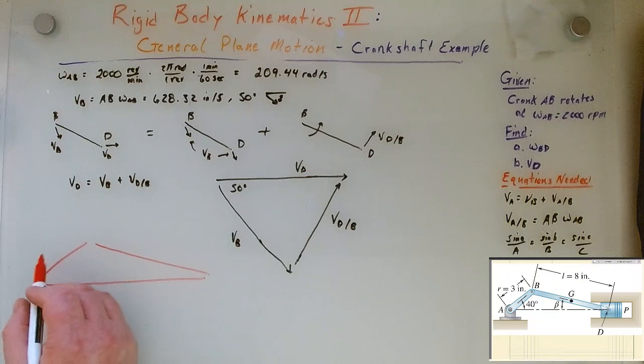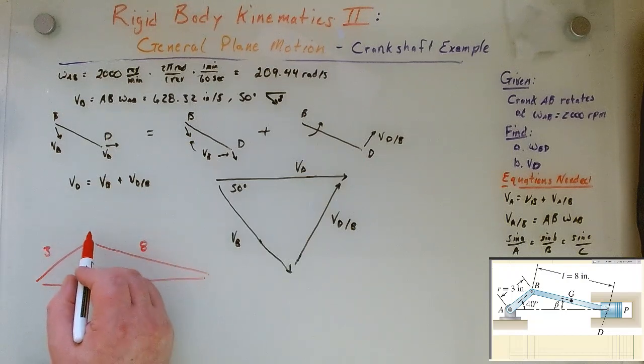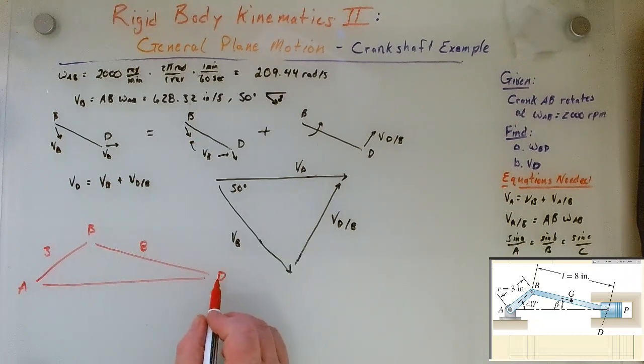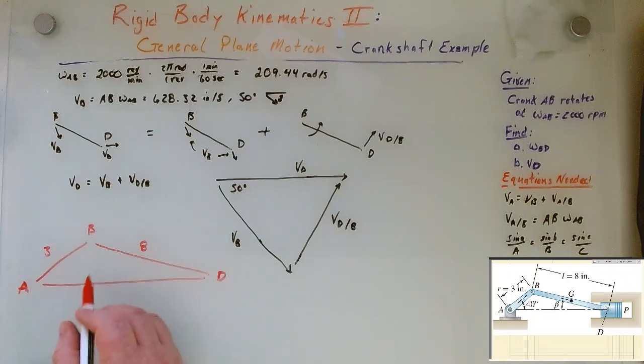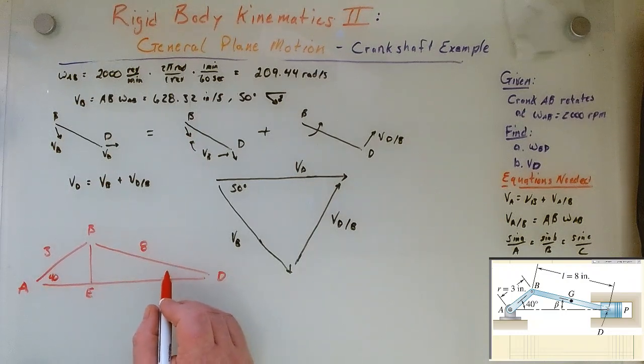This is 3, this is 8, then we have B, A, D, and if we impose a point E and draw a line, then this is 40 right here, and this is beta right here.